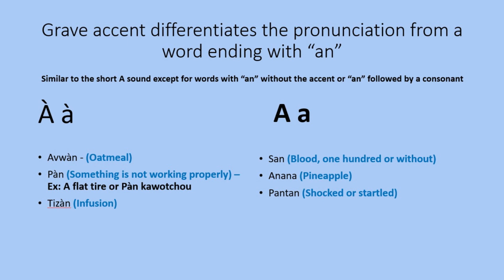Then you have pantin. Pantin is to be shocked. Like you go in a room or you tap somebody on the shoulder and they jump, right? Pantin. Like people use it a lot in Haiti if they were sleeping and then they jump from their sleep and then they say m'pantin. M'pantin na dormir. M'pantin. Okay? It means to be shocked or startled.